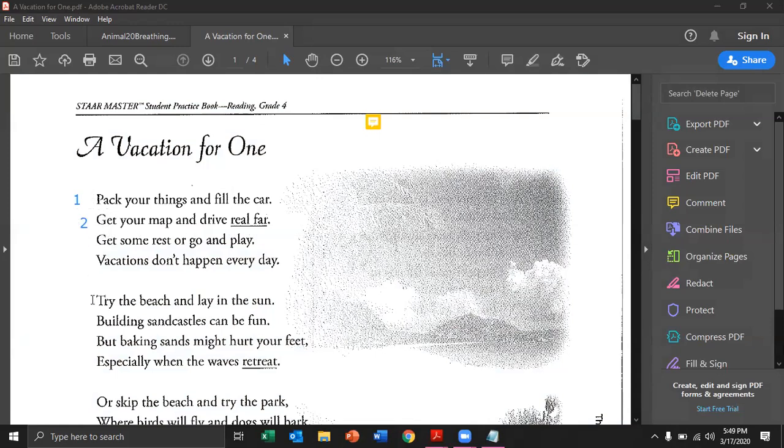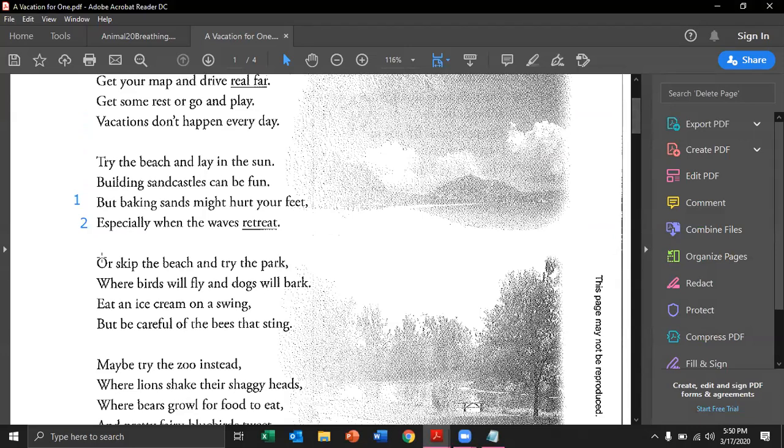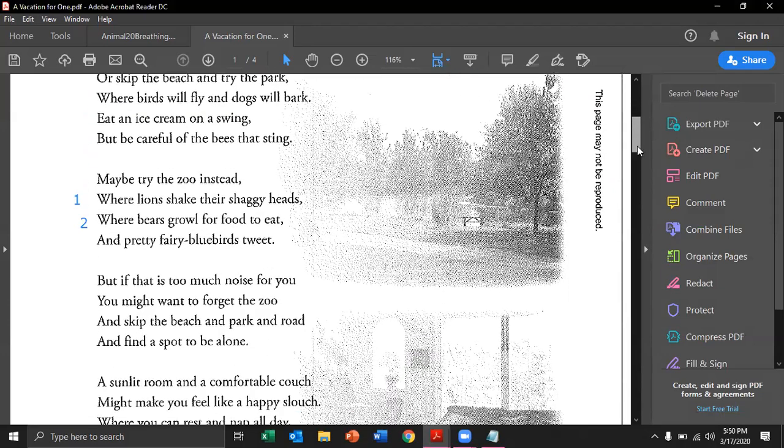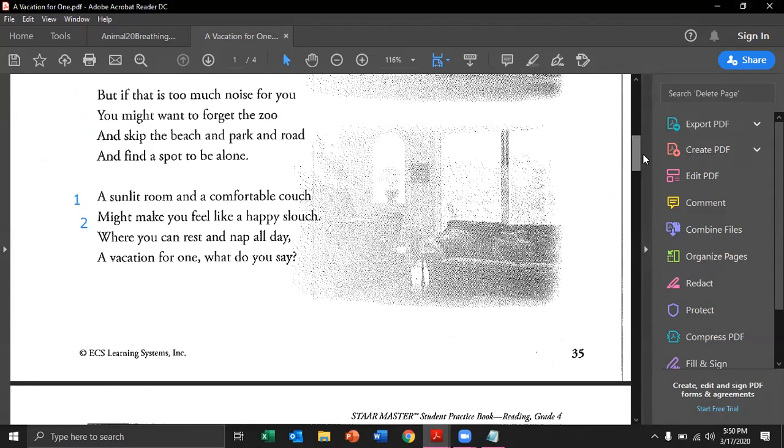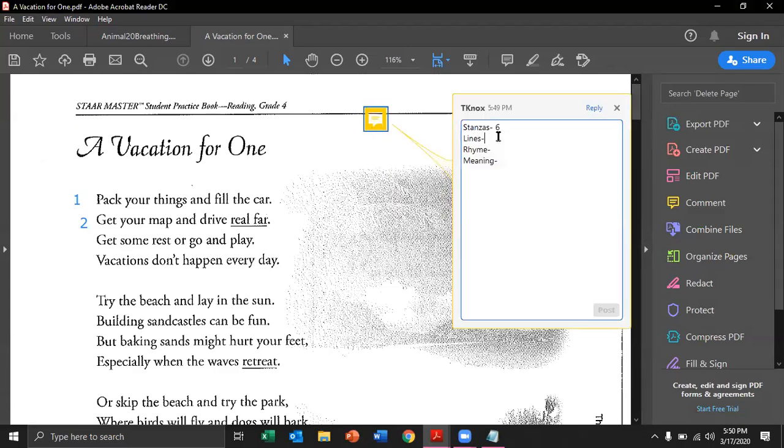So 3, 4, 5, 6, 7, 8, 9, 10, 11, 12, 13, 14, 15, 16, 17, 18, 19, 20, and 21, 22, 23, 24. So we actually have 24 lines.